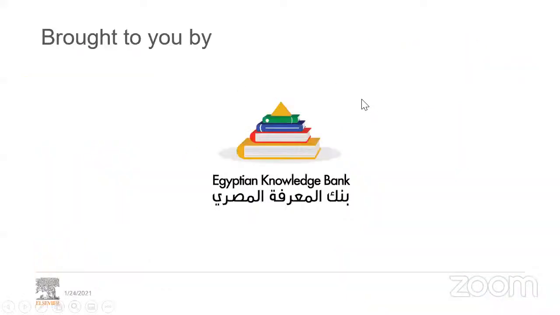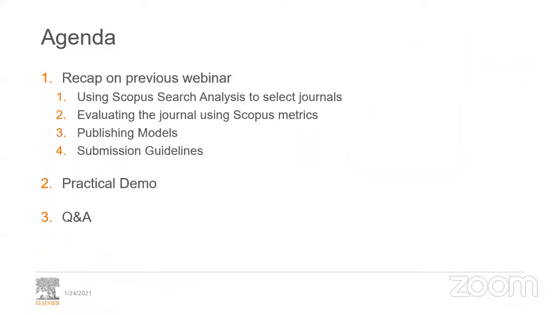So what has been discussed then? On that previous session, we discussed how to use Scopus search analysis to start selecting journals, collecting some insights and analytics on which journals are more interested in the keywords that represent my manuscript.